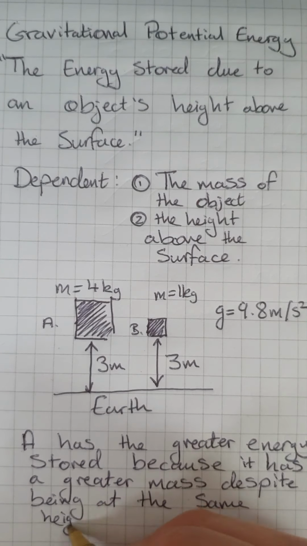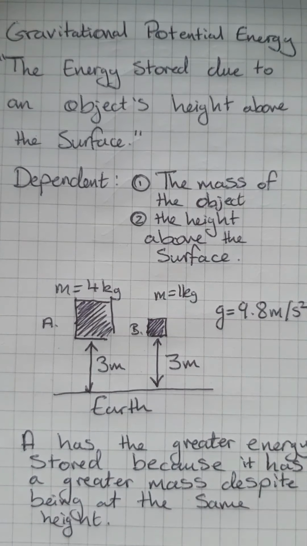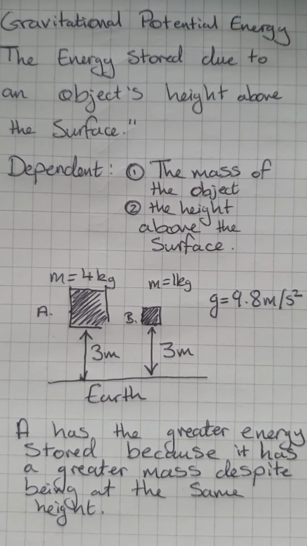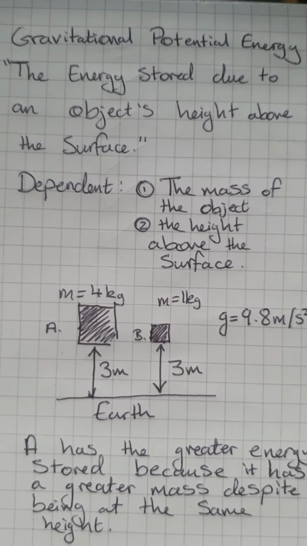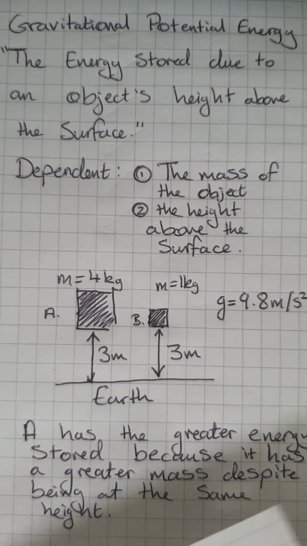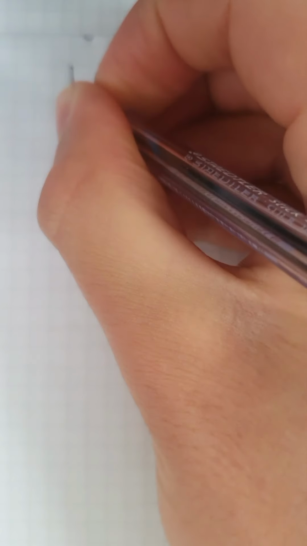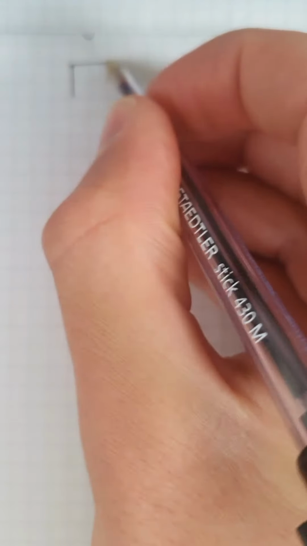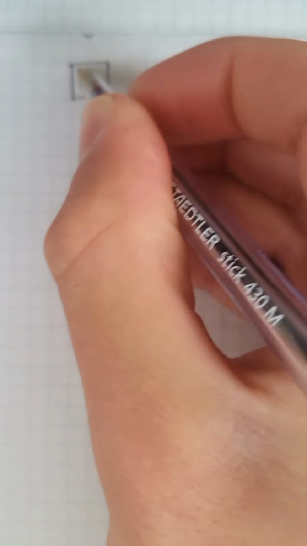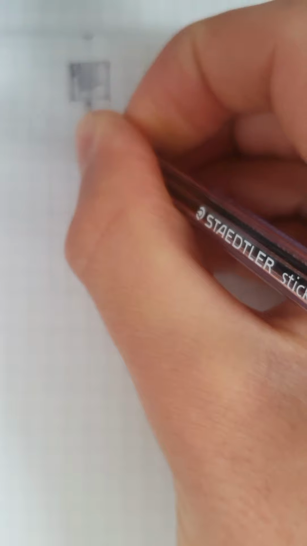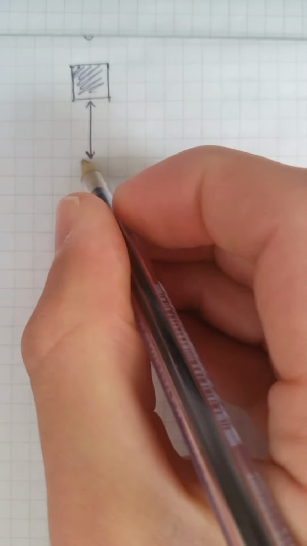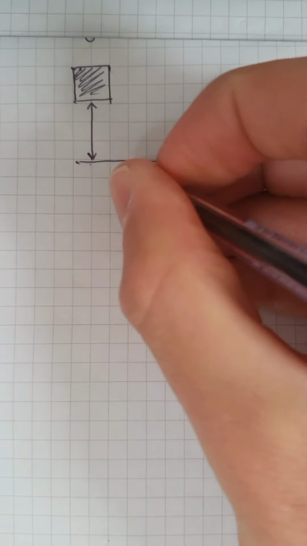Now, we can calculate this by using a single equation, but this equation is a little bit tricky because it's got 3 parts to it. So the first part of our equation, I'm going to stick with this example as before, where we have our 4 kilogram object that's 3 meters above the surface of the Earth.